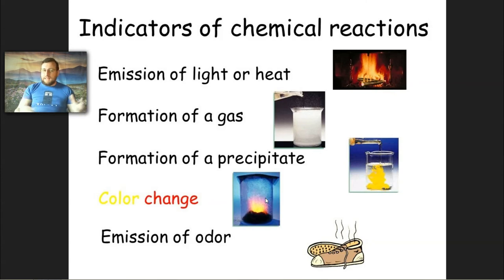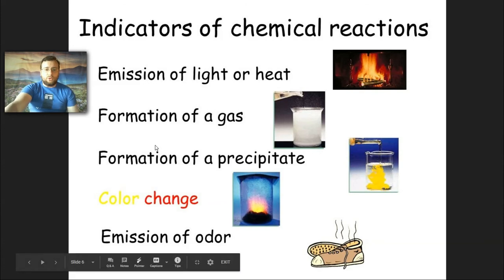So that's not a chemical reaction. You could have a color change by just painting something or putting food dye in water. And you can have a production of an odor that doesn't necessarily mean there's a gas leak. It doesn't necessarily mean a chemical reaction is taking place. So each of these things by themselves is not enough, but usually when a chemical reaction takes place, one of these things will take place.